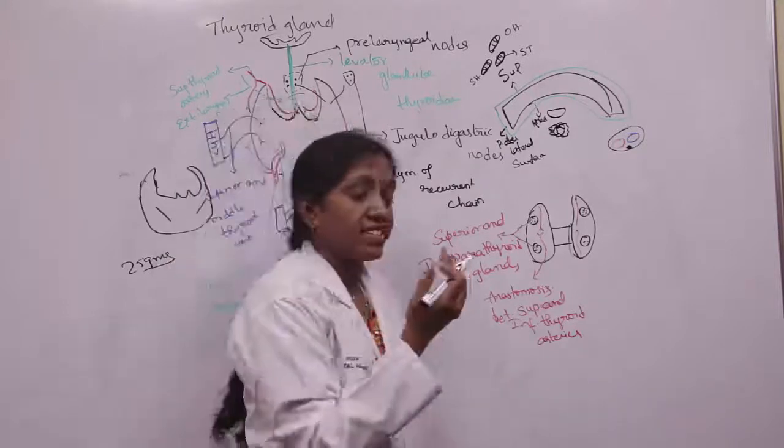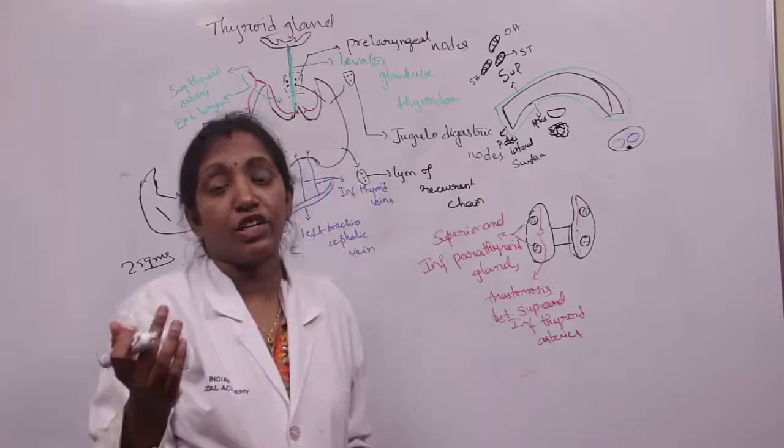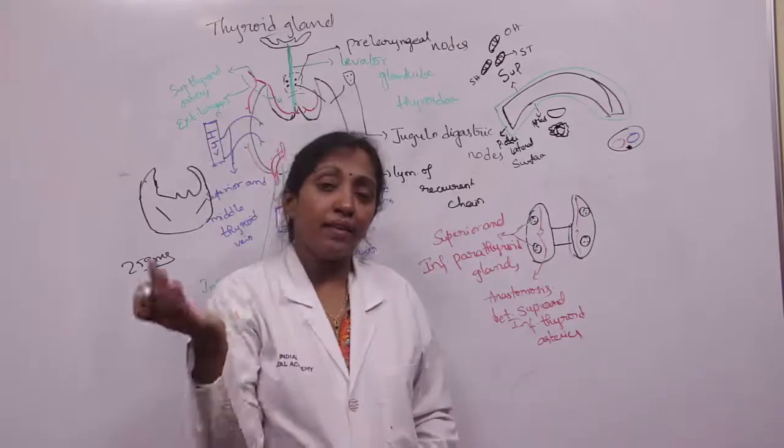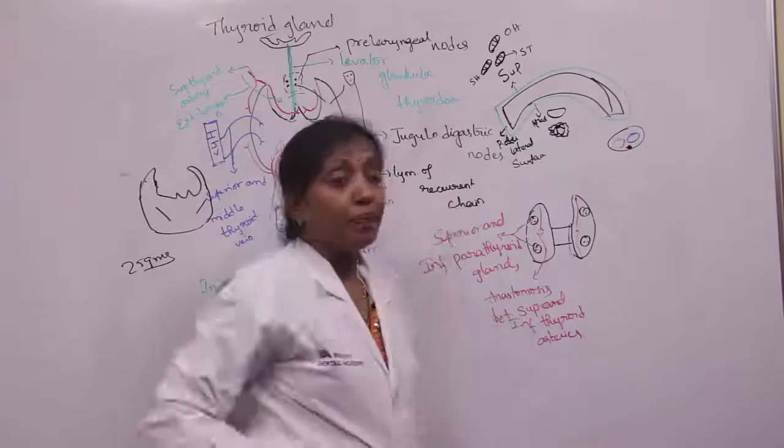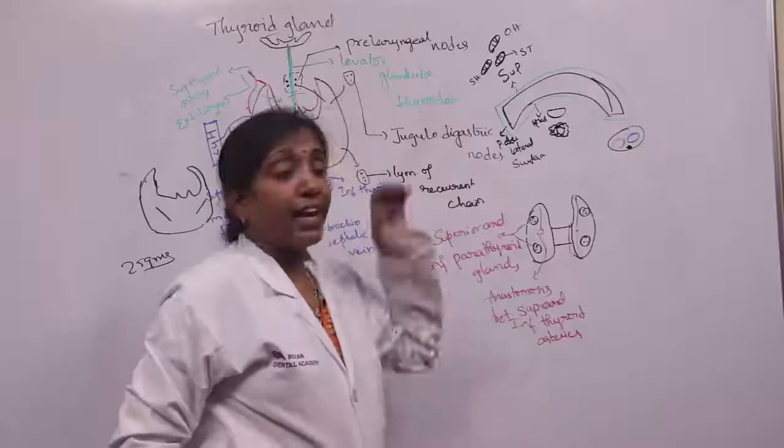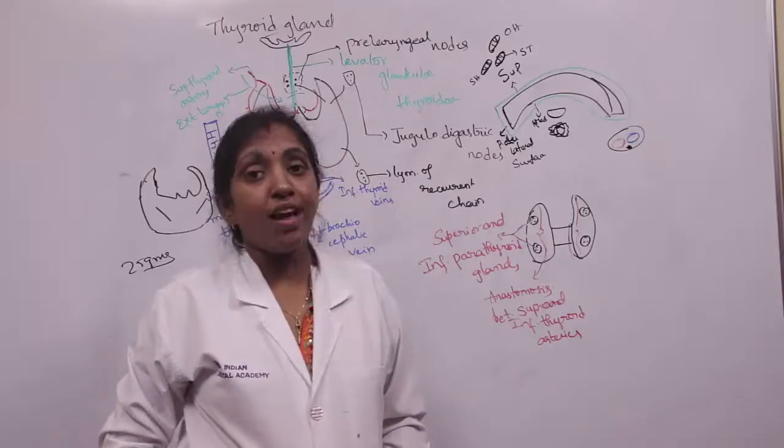So the trachea at the level of C6 continues as the larynx, and the pharynx at the level of C6 continues as the esophagus.